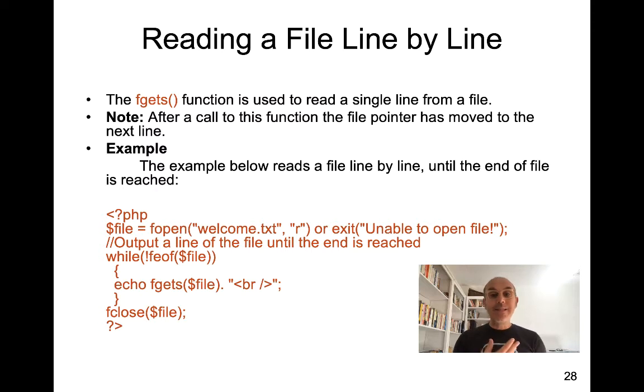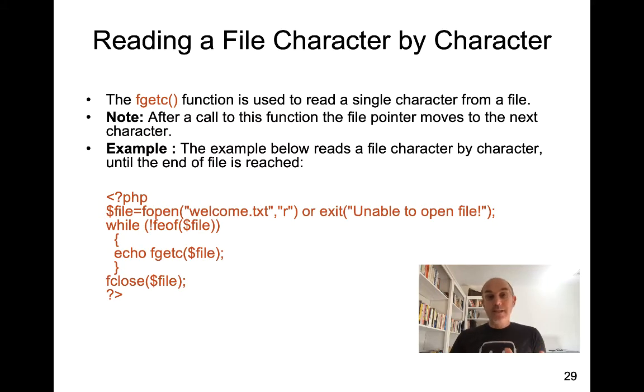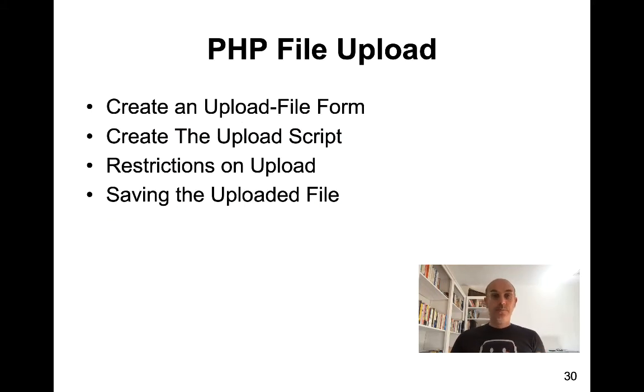In this case, I'm first going to say fopen, and I also will say if it doesn't exist, unable to open the file. Now I'm going to ask the fgets function to read a single line from the file, so it will be able to read it and also display it. This is really important, and quite fun to do.